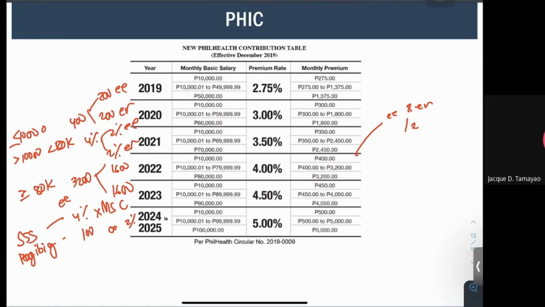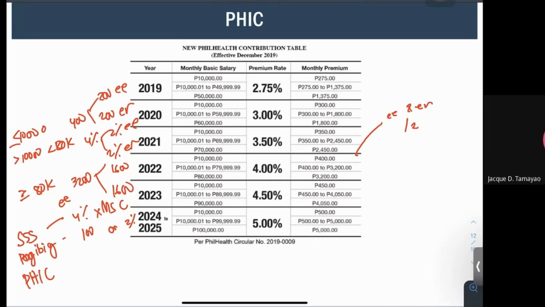How about for PhilHealth? We have the following. 200 pesos for employee if it's less than or equal to 10,000, more than or equal to 80,000, then 1/6, and in between is 4% or 2% for employee.